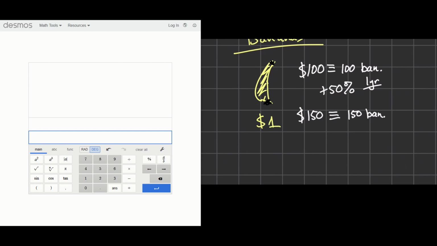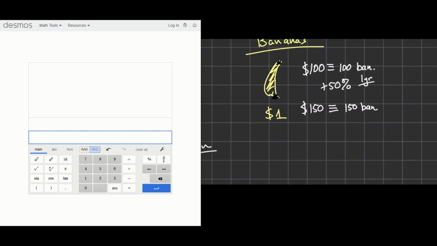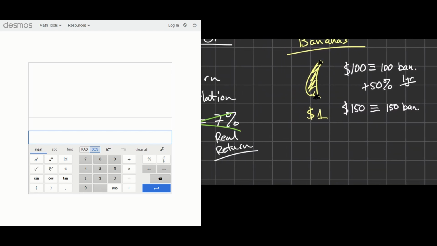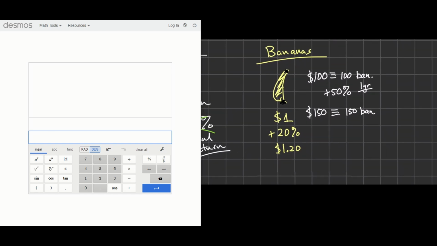But we know that's not usually the way that things work. Typically, prices go up over time. So let's say that the bananas have an inflation rate of 20%. So bananas are going up 20% in cost. Now a banana costs $1.20. So what is my purchasing power?